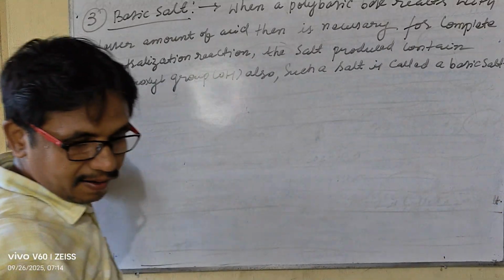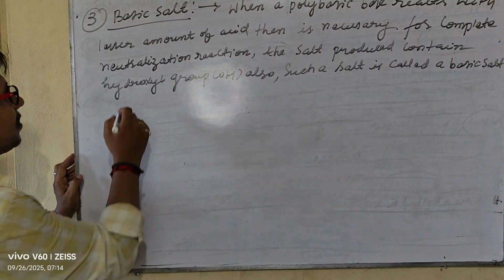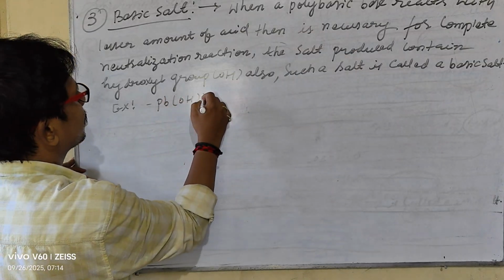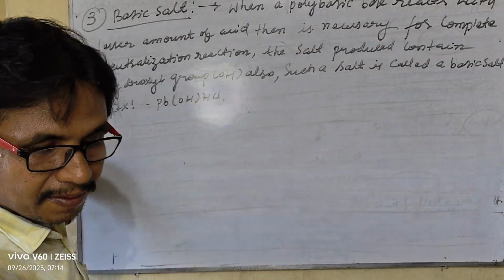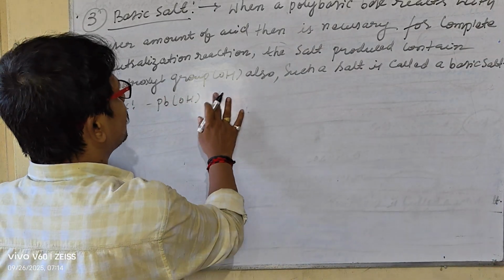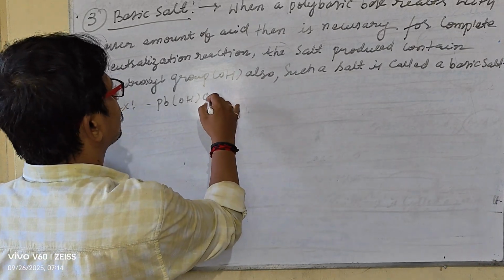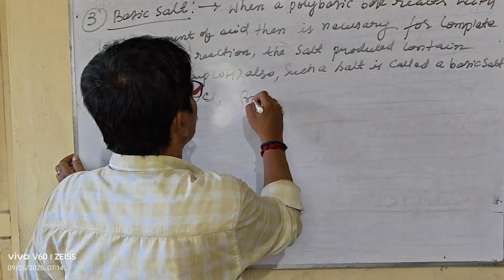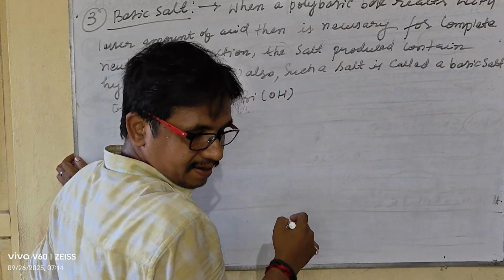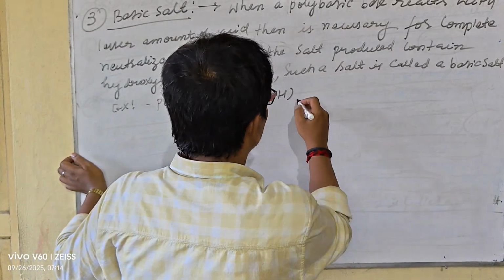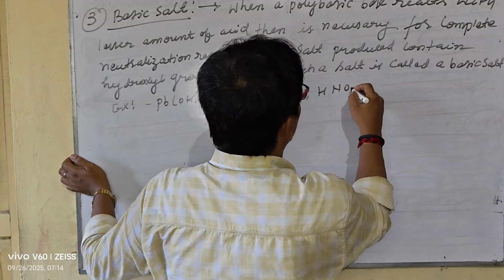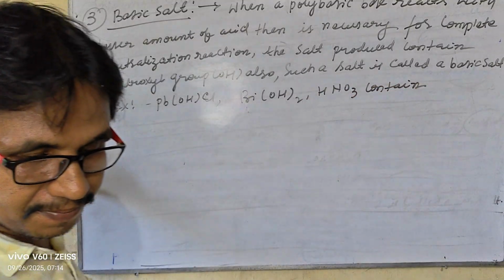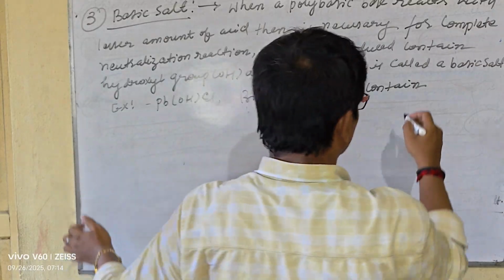So my dear students, like PbOHCl, Bi(OH)2NO3, they contain the OH group and are basic salts.